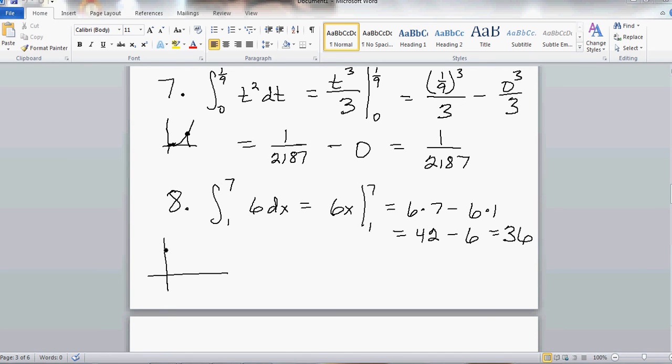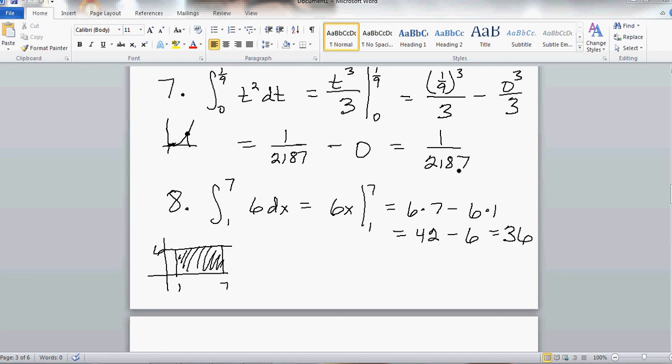6. Well, 6 is just a horizontal line. Here it's 6. And we're going from 1 to 7. This isn't too difficult. What's its base? This is a rectangle here. Its base is 6. Its height is 6. 6 times 6 is 36. It makes sense here. Here it is the actual value.